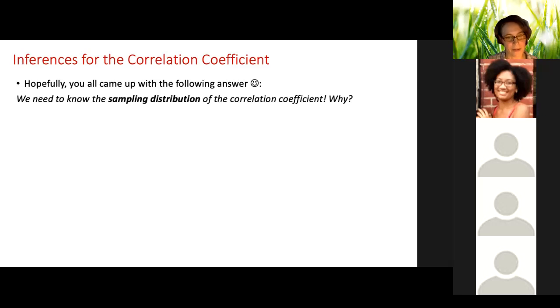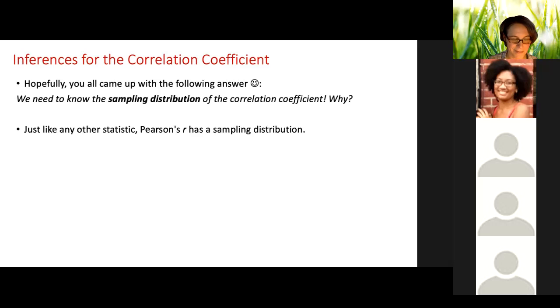And you can also determine the standard deviation of this sampling distribution, so the standard error of this statistic. Pearson's r is nothing but an ordinary statistic. It's like a sample mean. It just happens to be an r, a correlation.